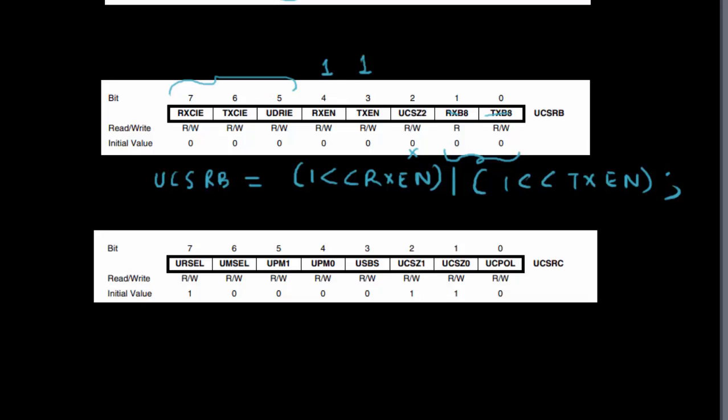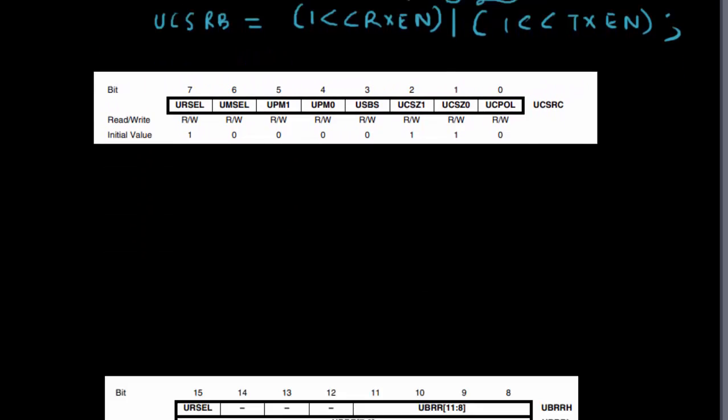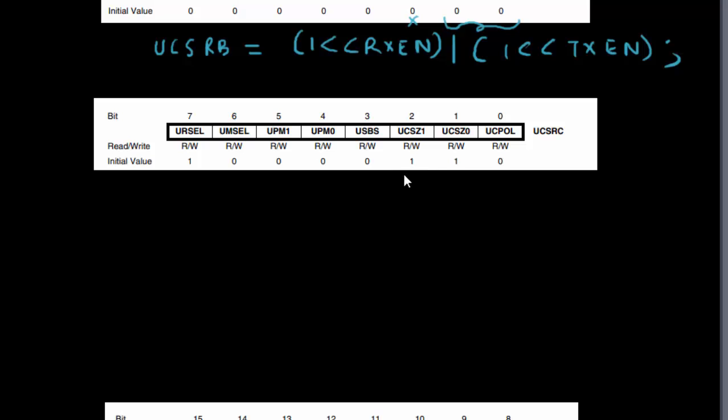Now, as we have said before, in UCSRC there are 2 bits which define the size of each character which is transmitted as 8 bits, and to do that we need to set these 2 bits to 1. We also saw that in order to use this particular register, the URSEL bit should be 1. So when we write the code, we should turn on all the 3 bits, URSEL.